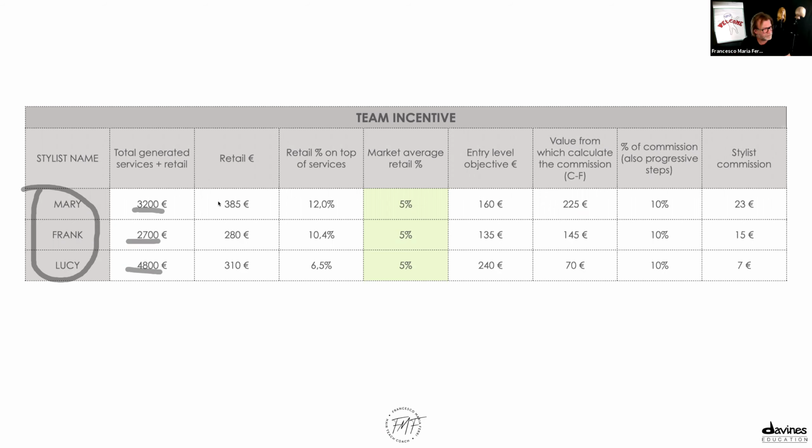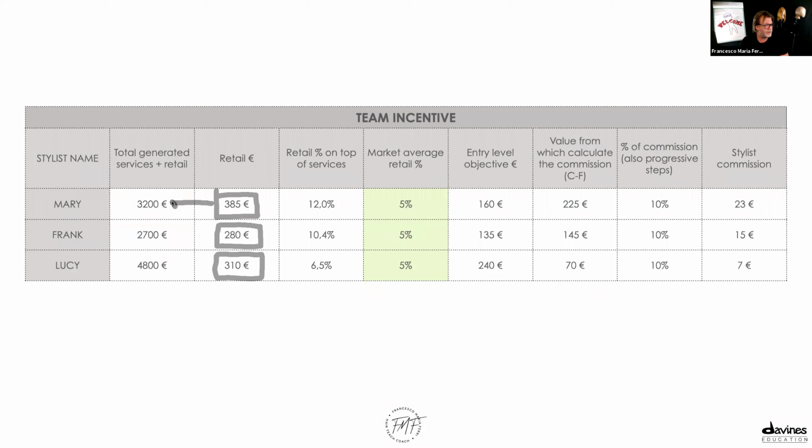Now, retail is 385 for Mary, 280 for Frank, and 310 for Lucy. If we calculate the percentage of retail on top of the total generated, we will see basically 385 on top of 3,200.